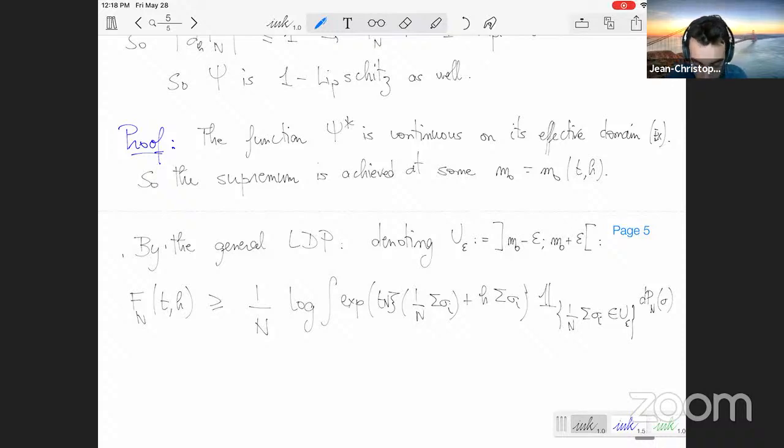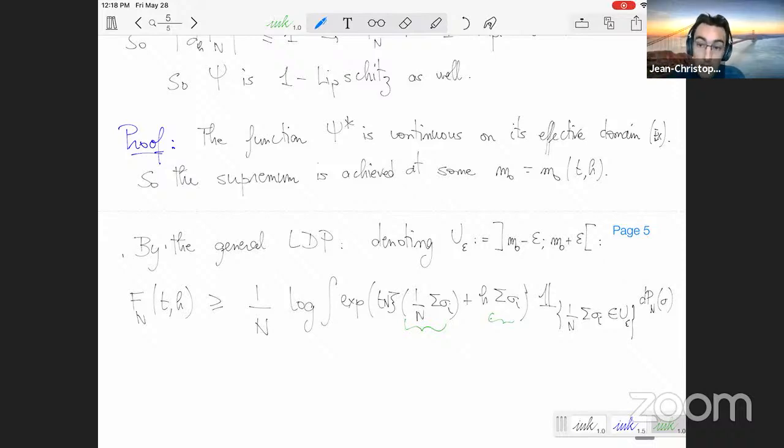Now, what I want to say is that because this magnetization is within this tiny interval of M0, I may as well replace the quantities here and here, essentially by M0, up to some small error which depends on epsilon.